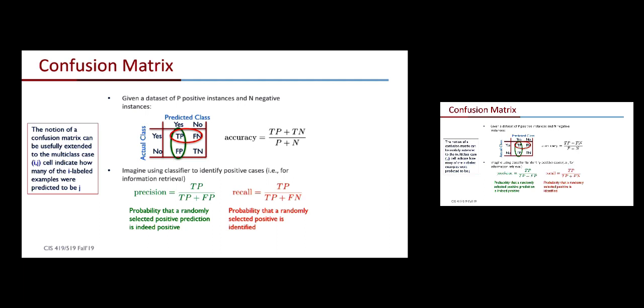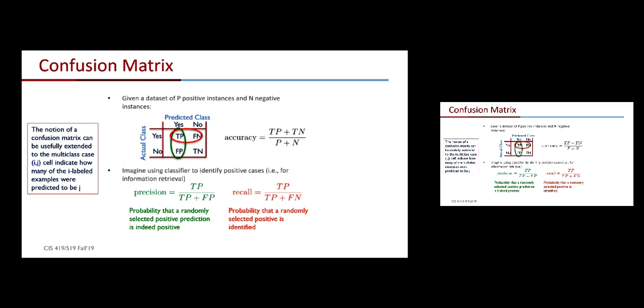And for recall, I have true positive plus false negative in the denominator, and I'm asking how many of these positives I got, true positive divided by that. So this is the same thing, just looking at it in slightly different ways.